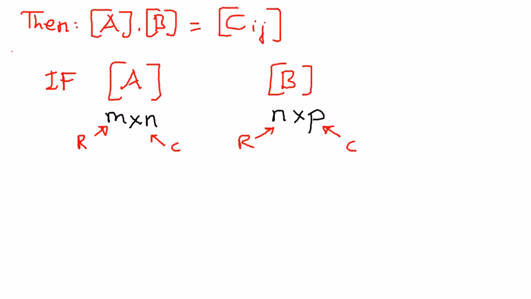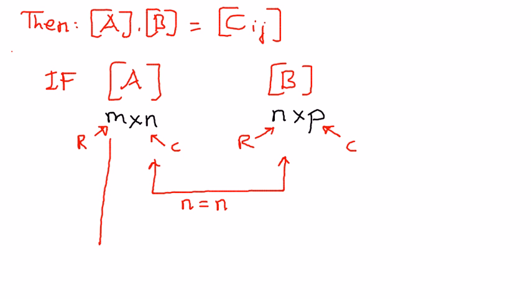So one thing to remember here is, as long as the number of columns in the first matrix is equal to the number of rows in the second matrix, so if N is equal to N, then we can determine the size of the resulting matrix as follows.